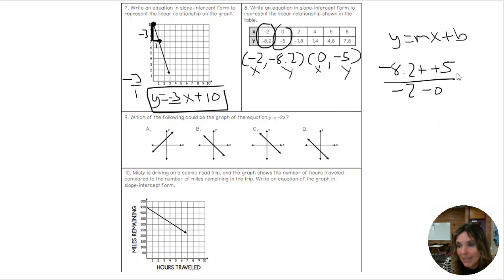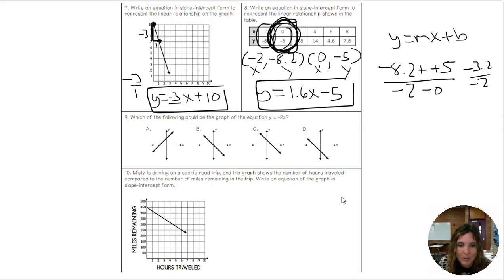So this really becomes adding a positive, which is -3.2 over a -2, and then that simplifies to 1.6. So y equals 1.6 for the slope times x, and then when you look for a y-intercept, you can always look where there's an x-coordinate of 0, and that would be your y-intercept. Okay, so there's your equation.